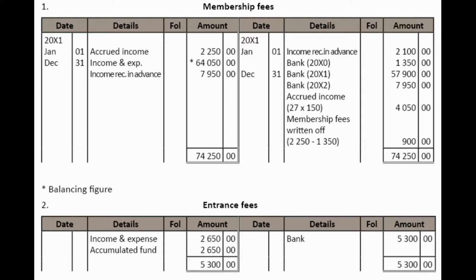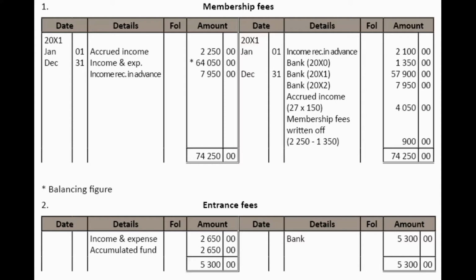Okay, the amounts that you've received during the year for membership fees, you will get in that statement of receipts and payments. You'll see that for 2020, in other words, what was outstanding at the end of last year, you received 1,350. For the current financial year, 57,900, and for the next financial year, 7,950.